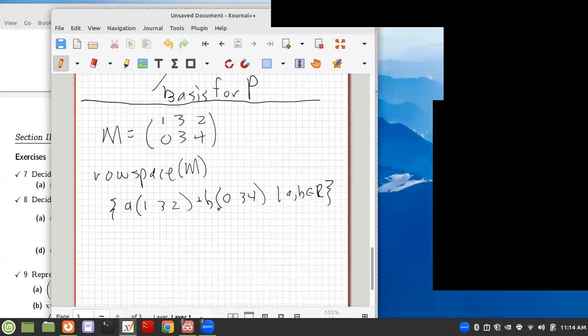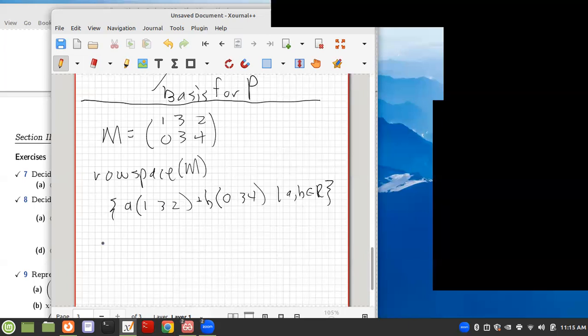You can see it intuitively, because if I want to write this vector, 1, 3, 2, as a multiple of this one, there's no way to multiply 0 by a number to get 1. So we know that this is linearly independent.